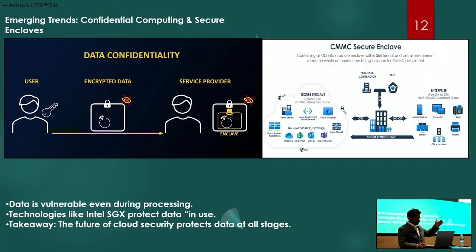Someone has to enter this room. He has to have a firewall blockage. He has to have some area where he needs to know what type of entry he needs to get into so that he would be exposed to this type of data. I've given the example of a CMMC secure enclave.